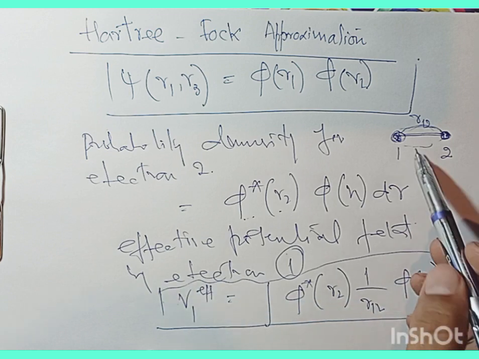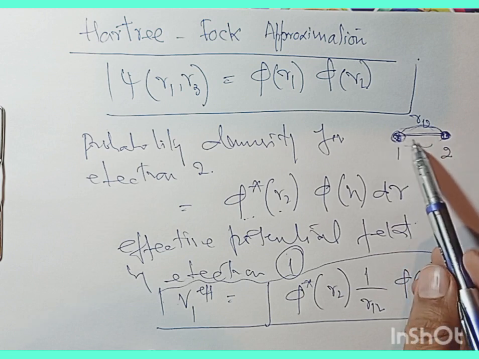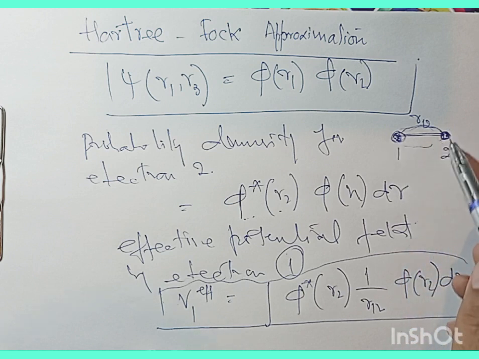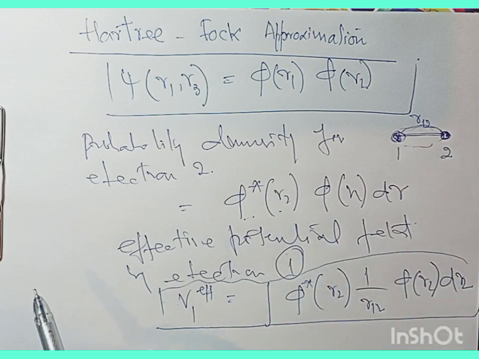So R12 is the separation between the classical charge distribution assumed for electron 2 and electron 1.